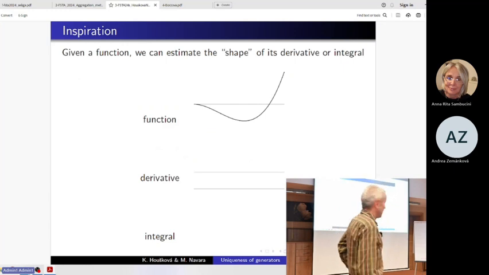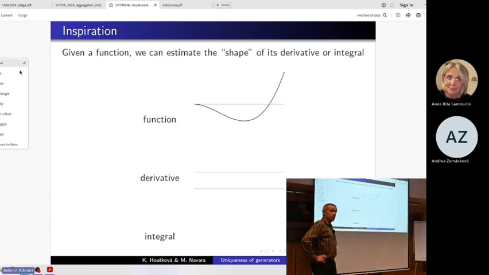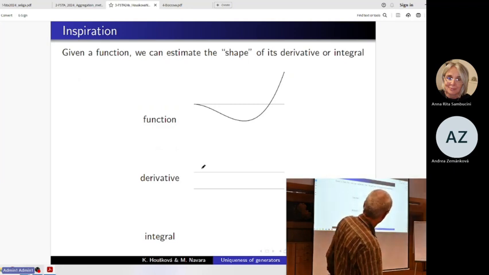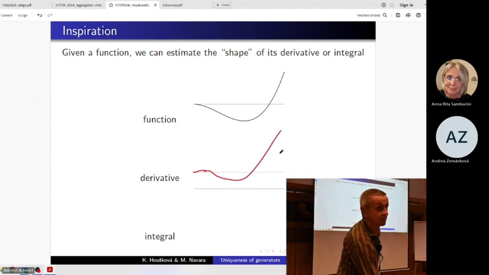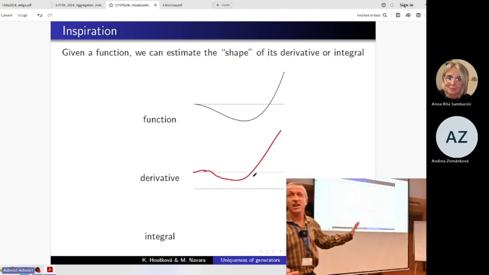Yes. So, inspiration. If you are given a function, you can estimate what is the shape of its derivative or integral. So you see, okay, the derivative is 0, then it's negative. Here it comes to 0 again and it grows. You would recognize this is not the integral.